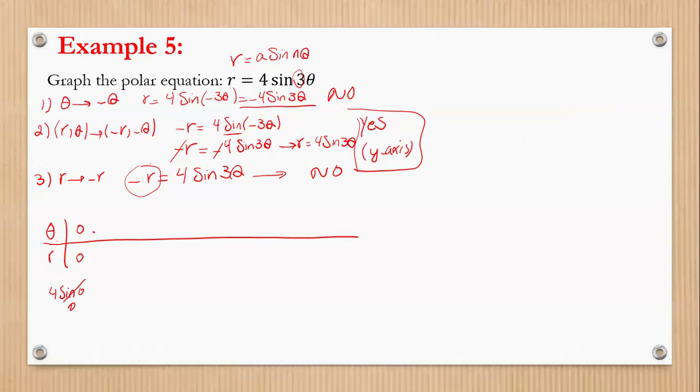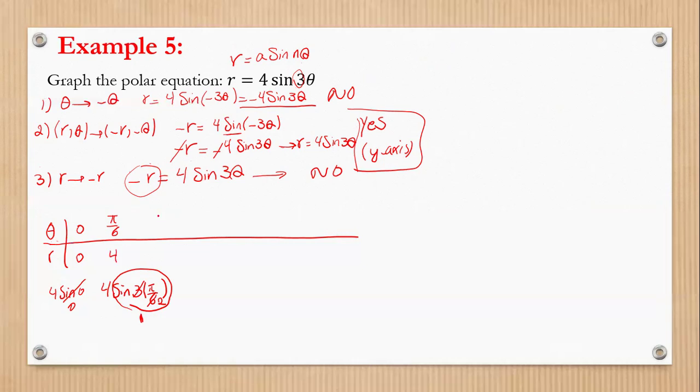If I replace theta by pi over 6, I get 4 sine of 3 times pi over 6. So 3 pi over 6, if I simplify, gives me pi over 2. And I know that the sine of pi over 2, or sine of 90 degrees, is 1. And 4 times 1 is just 4.